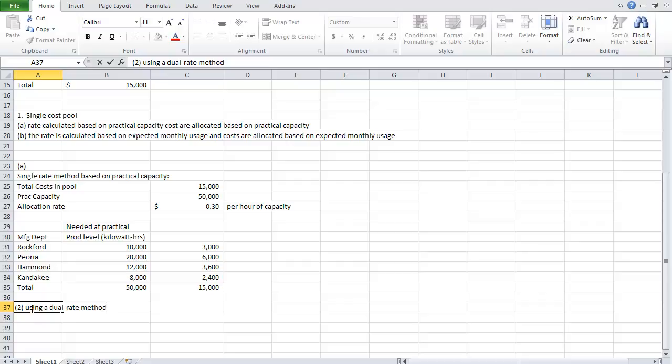Variable costs are allocated based on monthly usage. Fixed costs are allocated on the basis of practical capacity.